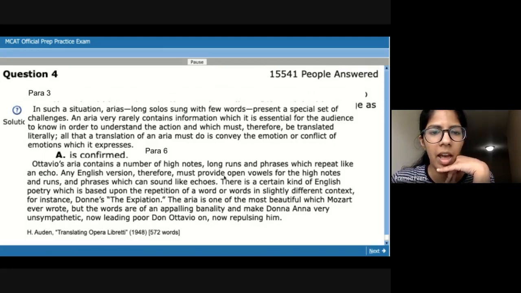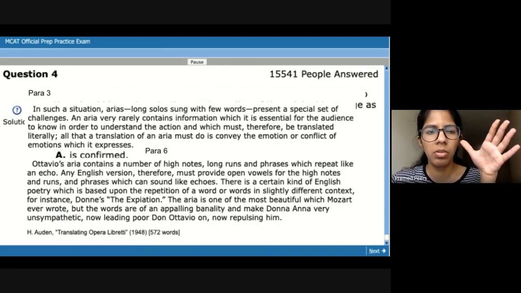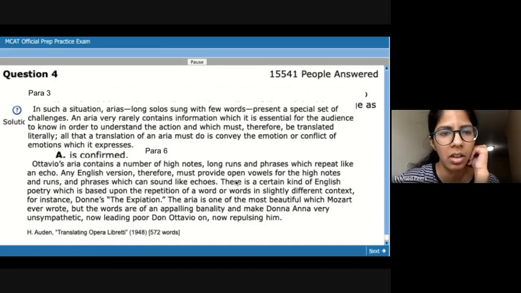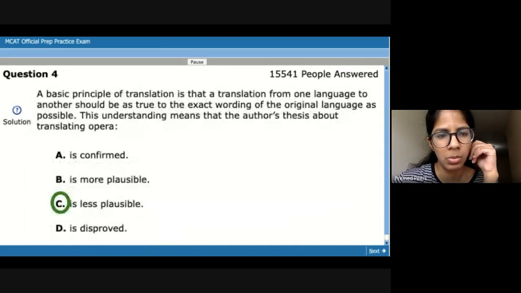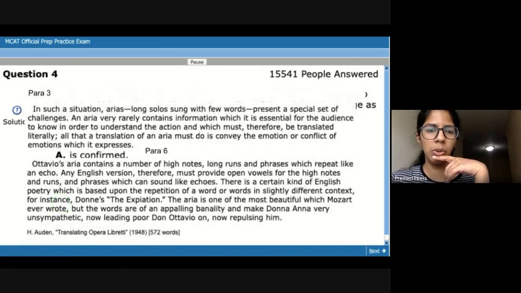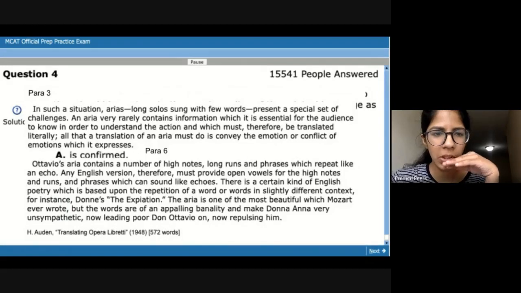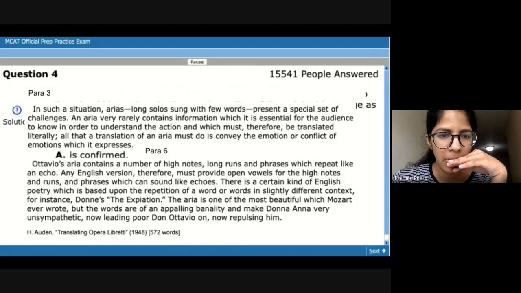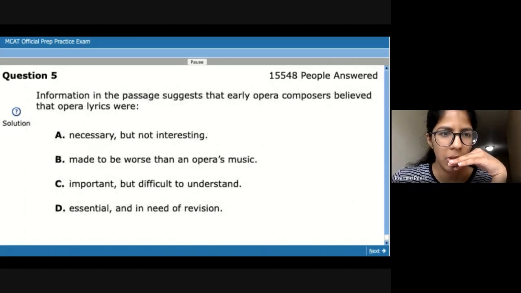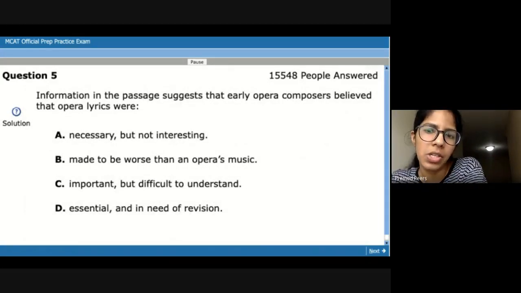So it's saying they should be different based on the language, so if there's a principle of translation that says it must be the same for all languages, that makes it less plausible. And I think disproved is just too extreme. Okay. Any questions on that?